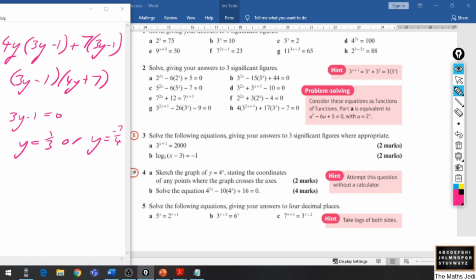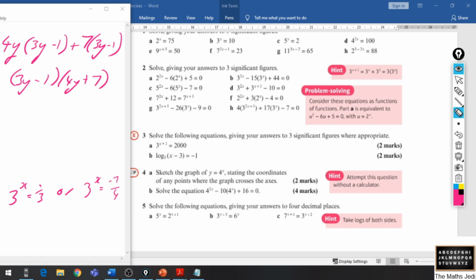So we know earlier that we made y 3 to the power of x, so 3 to the power of x is a third, or 3 to the power of x is minus 7 over 4. So we need to use rules of logs to help us with this. So we're going to substitute in and use rules of logs to help us.